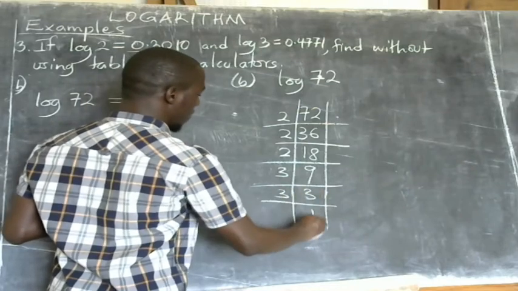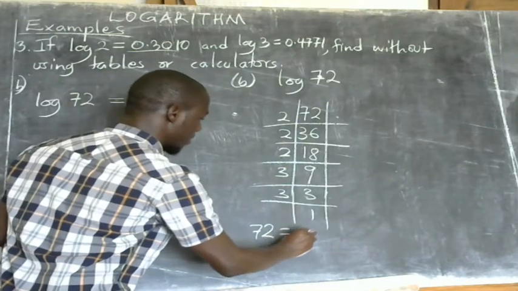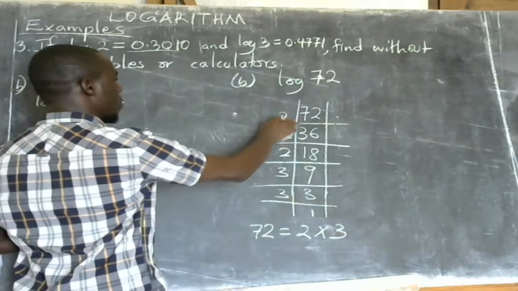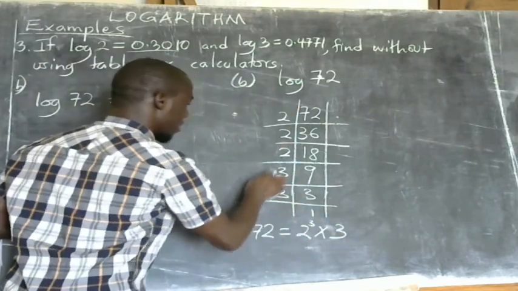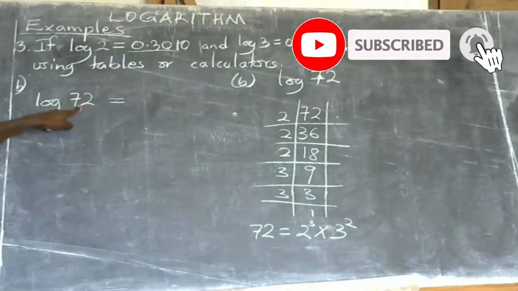Then 3 divided by 3, I get a 1. So my 72 is the same as 2 times 3, but the 2 appears 3 times and then the 3 appears twice. So this is what I'm going to substitute there.